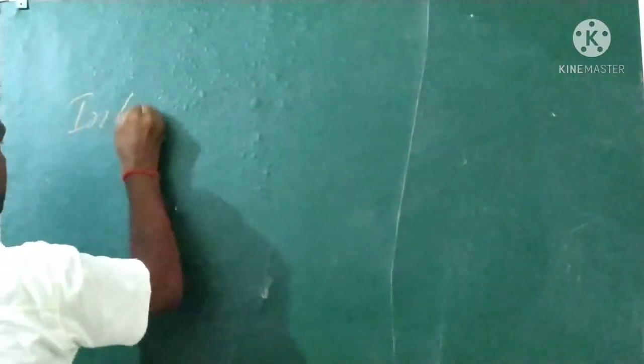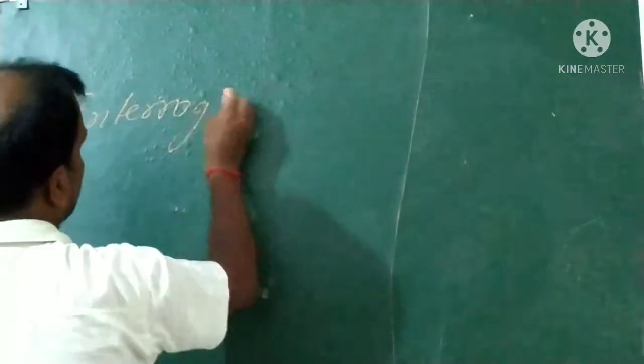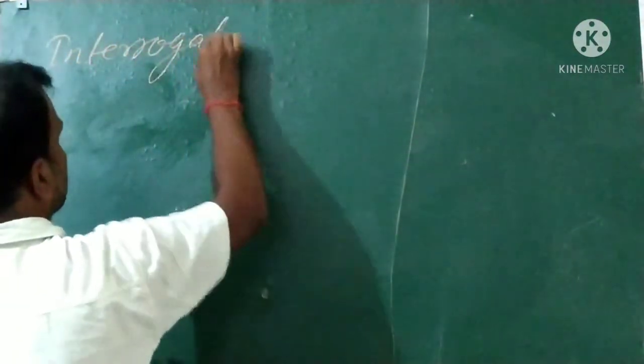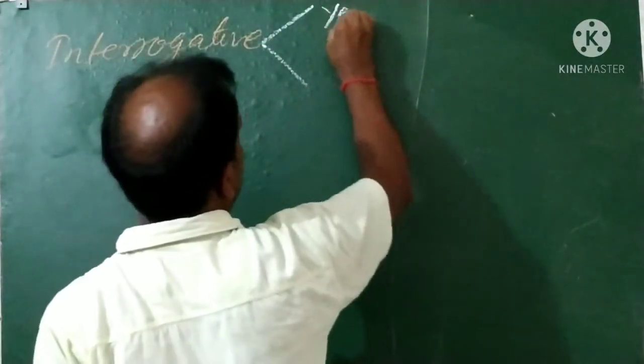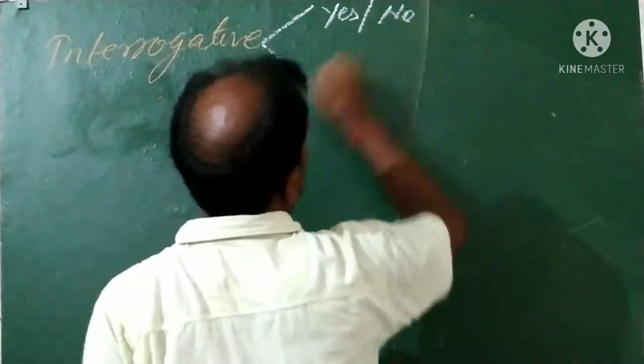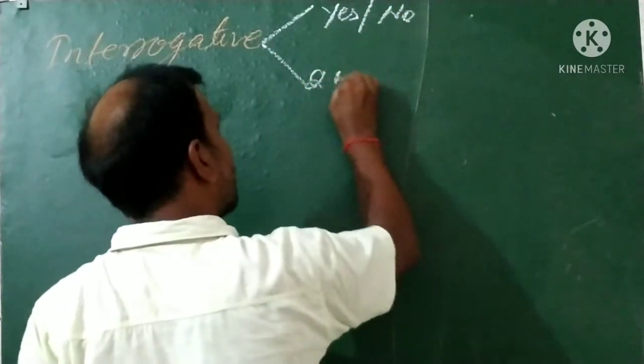Now, interrogative. As you know that the interrogatives are two types. First is yes or no type, and second is question word type.